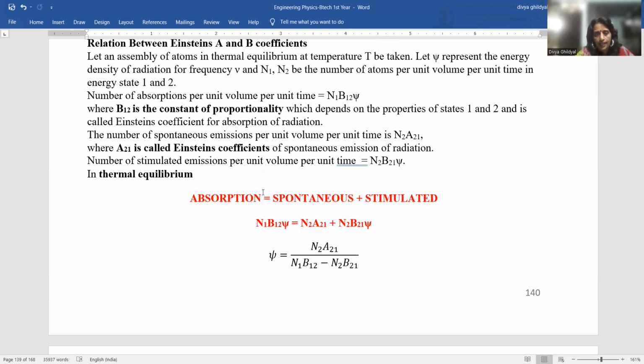Whatever water has been soaked in by the pump and has reached your water tank, only that much water you can use for your whole day. So absorption means whatever number of atoms left the ground state and reached the excited state. Whatever energy they managed to absorb has been utilized in spontaneous emission and stimulated emission.